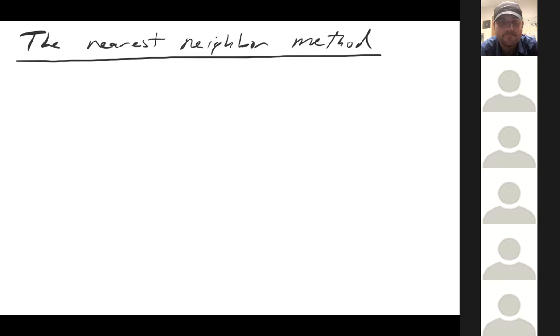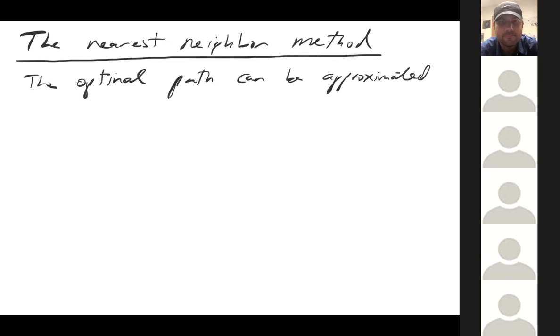So the optimal path can be approximated by this procedure. Identify the starting vertex. Remember, we can start wherever we want.